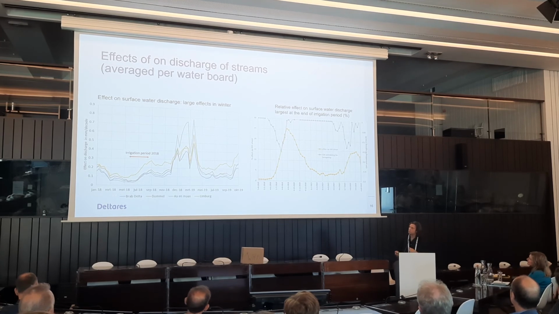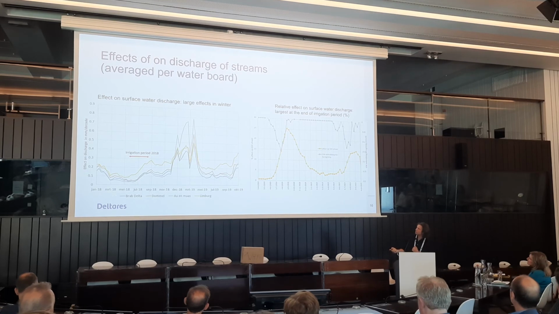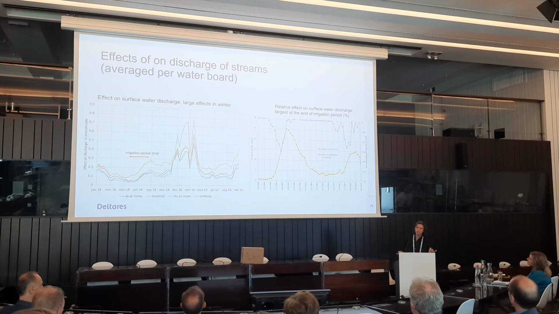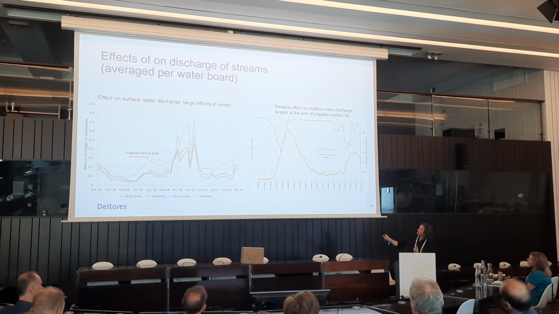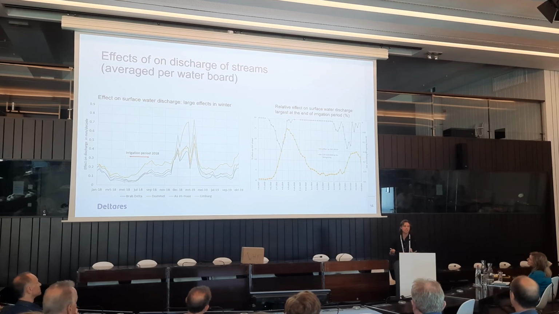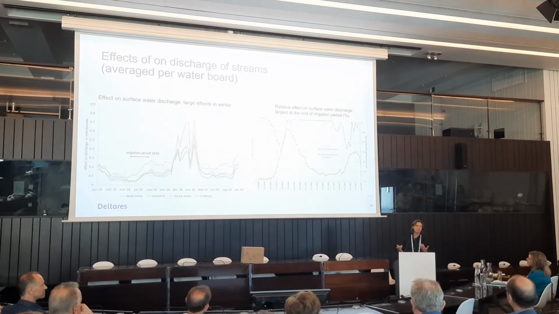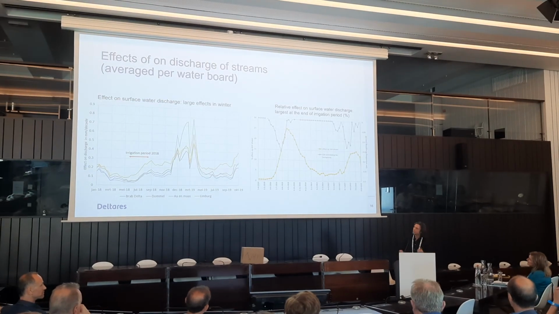But more important is that during the summer, in this graph, we see the relative effect: at the end of the irrigation period, 25% of the discharge is affected, because we have very low stream flow, but these abstractions have this effect. So it's already low, and it reduces it by 25%.